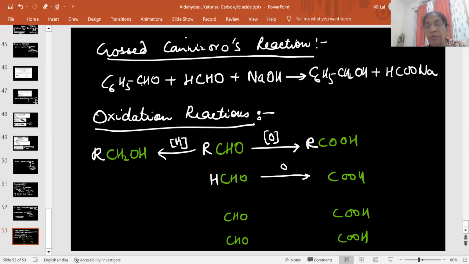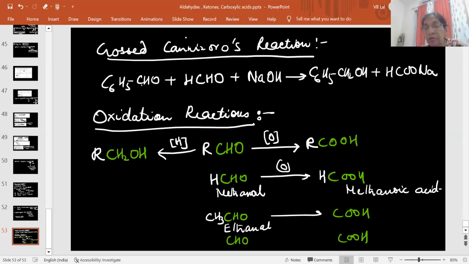Then oxidation will give me HCOOH. So this is methanal, and on oxidation, what will it give? Methanoic acid.